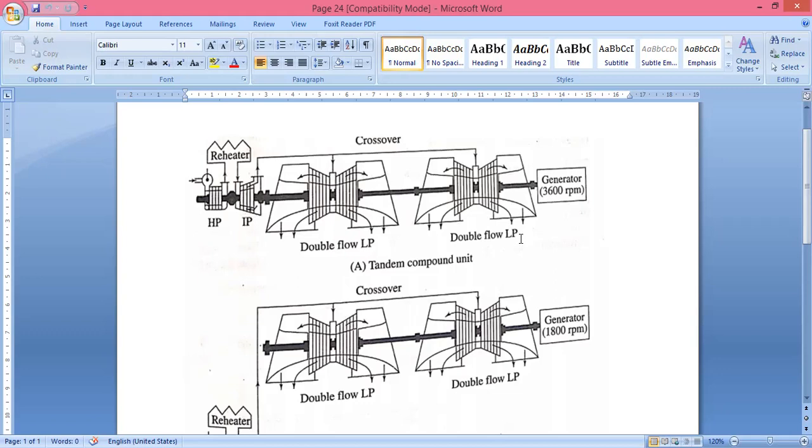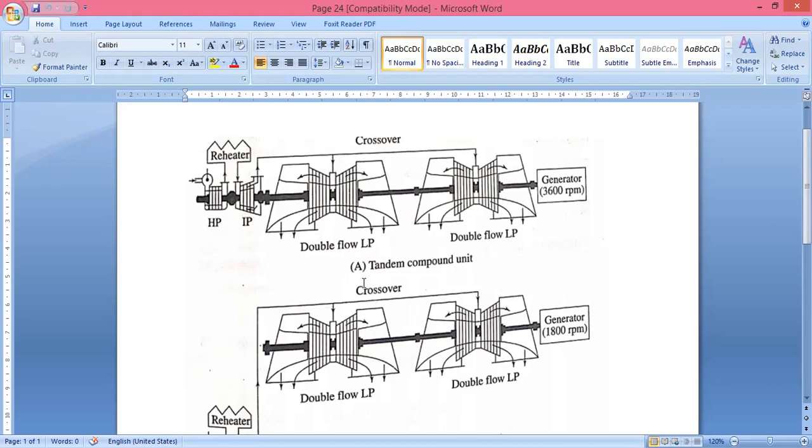The cross compound arrangement typically consists of high pressure and intermediate pressure turbines operating at 3600 rpm for the frequency of 60 hertz, with a bipolar generator itself.